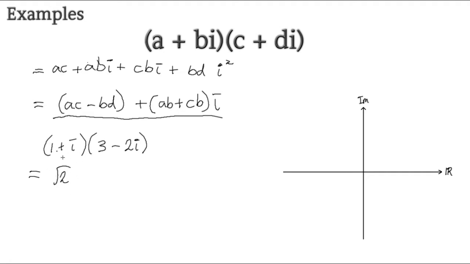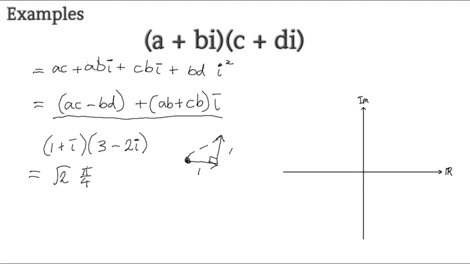Then the argument: if you take the angle of 1 plus i from the origin, and you take a tangent angle 1 on 1, arctan of 1 gives you pi on 4.